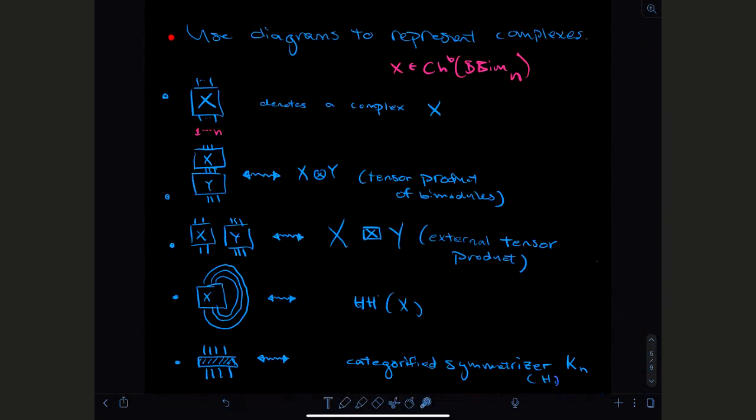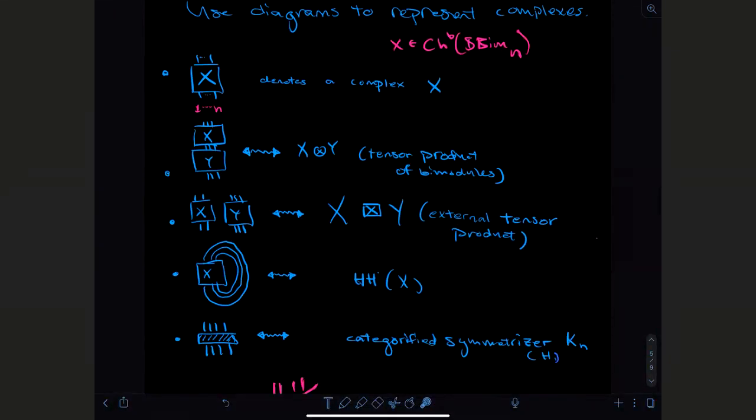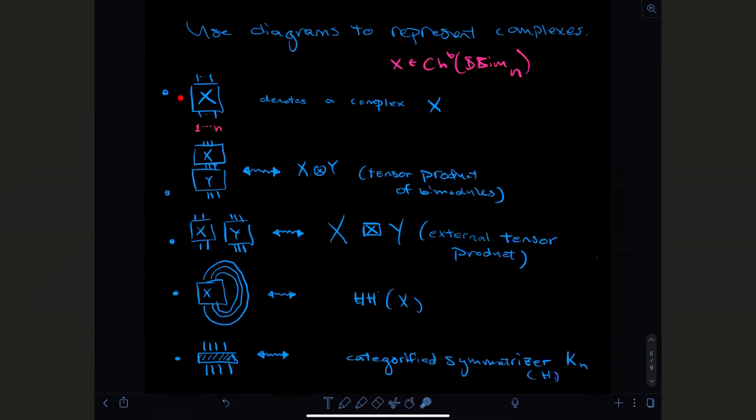So we have the category of Soergel bimodules. Just like the Hecke algebra, this depends on the parameter n, which is the number of strands in our braids. If you start with a complex of Soergel bimodules, say the complex is called X, then we'll indicate it diagrammatically by a formal little box labeled X with n incoming strands and n outgoing strands.